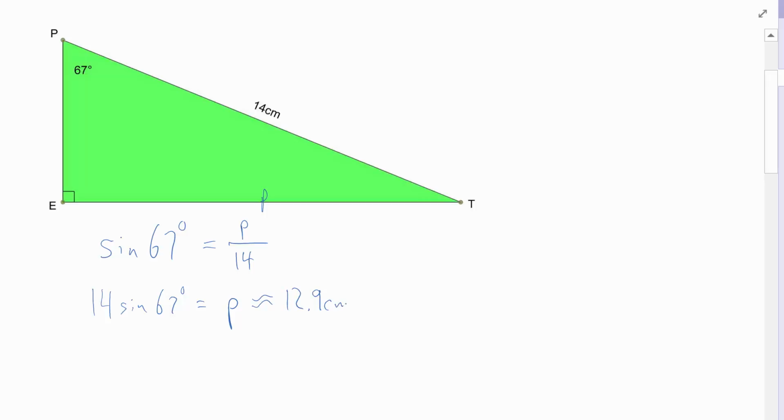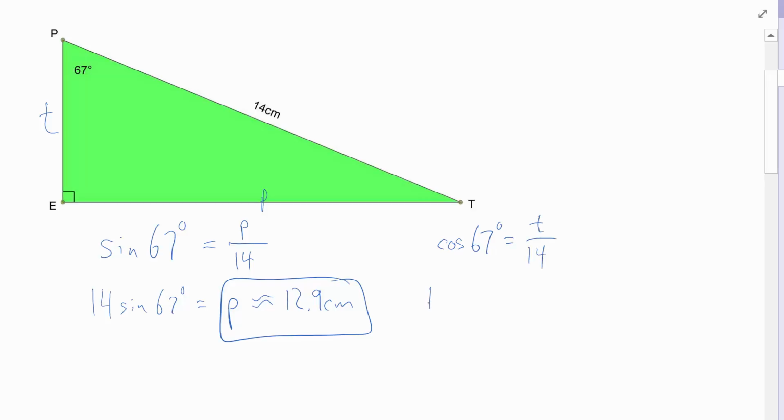12.9 centimeters. Now, to get the other side, little t over here, we could do Pythag, or since we've just learned about this new thing called cosine, why don't we try working through an example with the cosine ratio? So the cosine of 67 degrees is the adjacent over the hypotenuse, or t over 14.